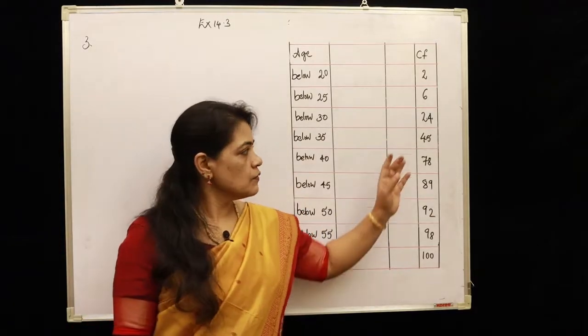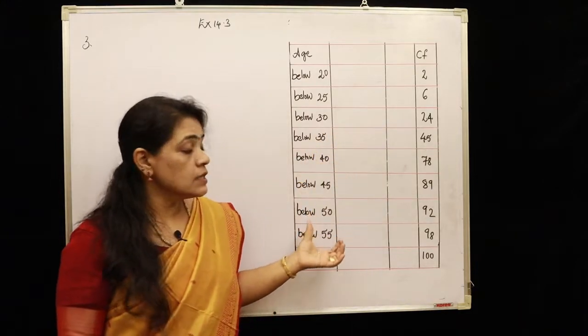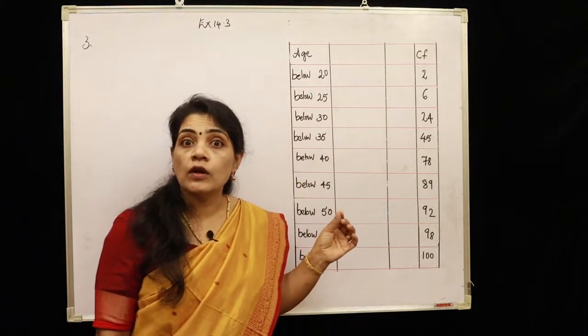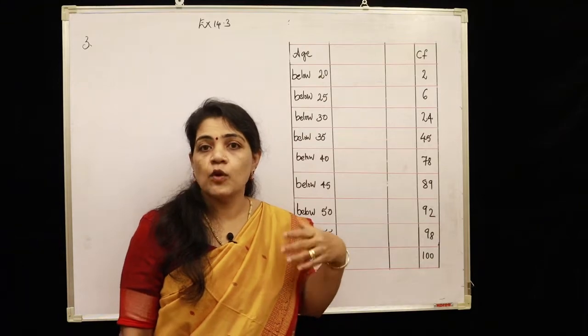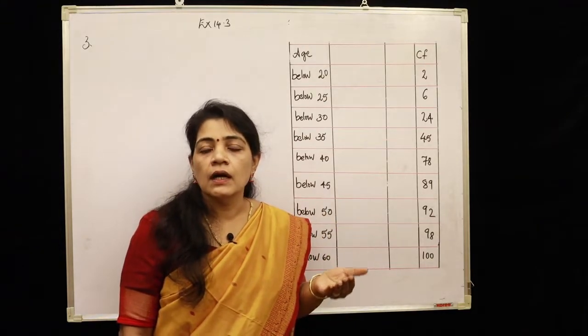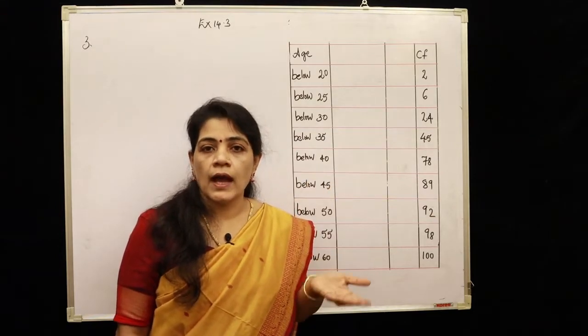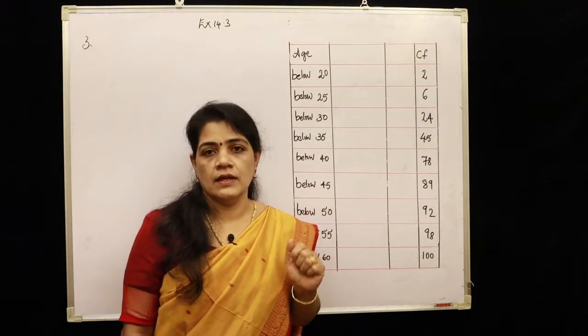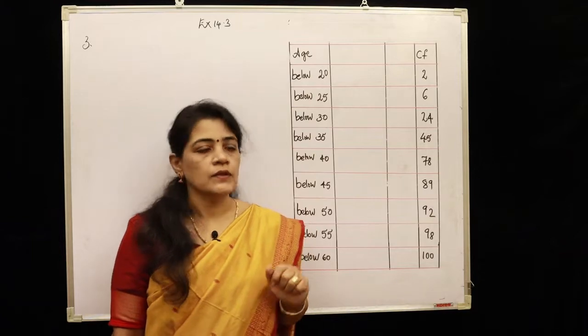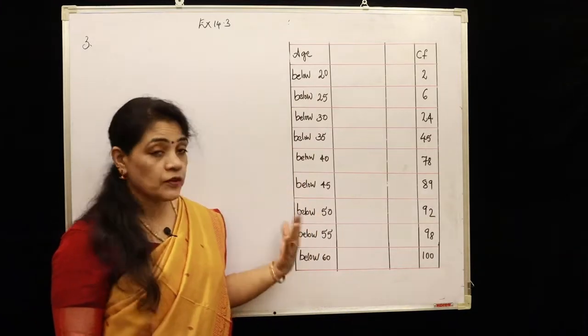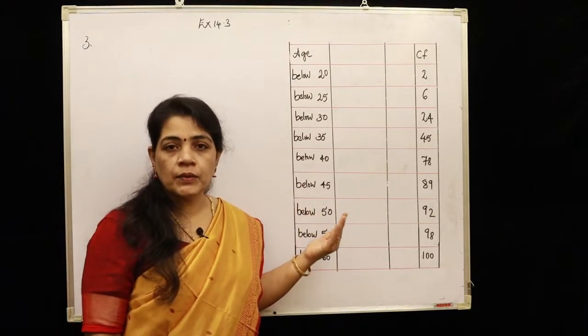So that means we have been given the ages of 100 policy holders, and these policies are distributed among people above 18 years and below 60 years. See children, here it is a different problem from the previous question.